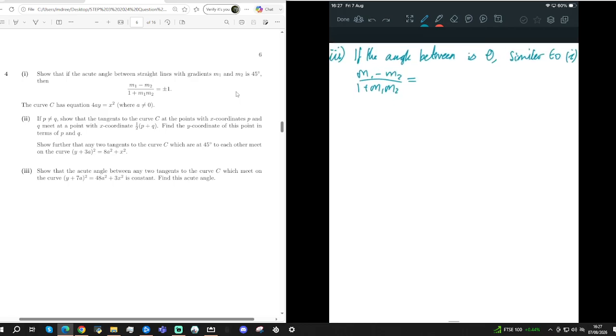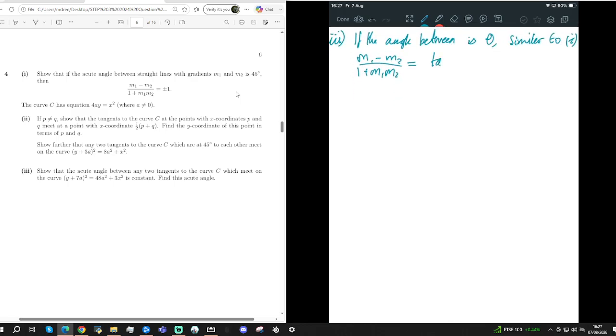So this thing is equal to either tan theta or tan 180 minus theta. But if you use a bit of symmetry from the tan curve, this is equal to plus or minus tan theta. So what I care about is trying to find this tan theta. So I want this expression here.